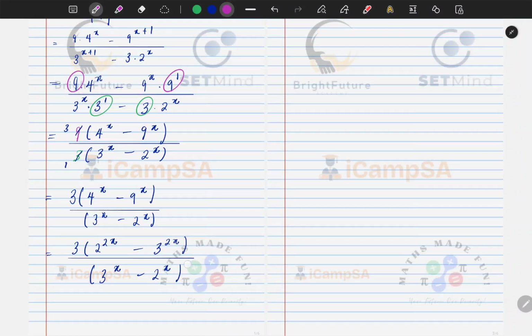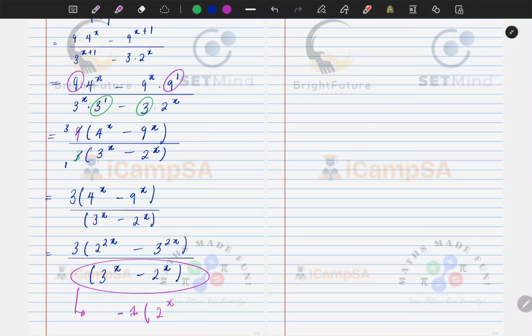This can also be written as, if I take out a negative sign, let's just say -1, into what is negative here. The 2 to the power of x is negative, so I'm going to put it here. It's going to be 2 raised to the power of x.